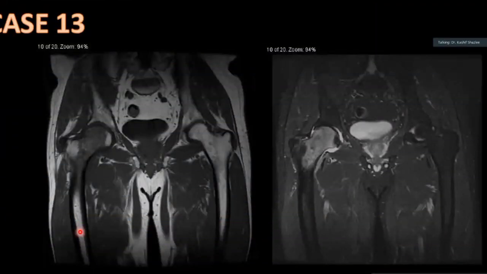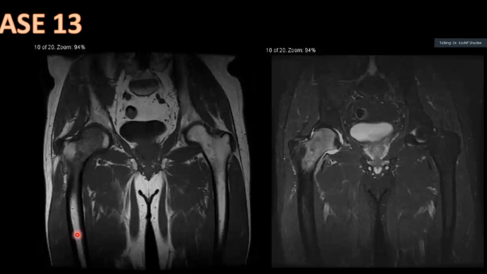Young patient was presented with history of acute right hip pain. Okay. This was a case of acute right hip pain, and this is a young male.